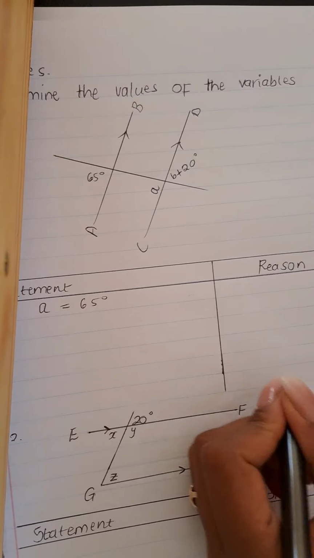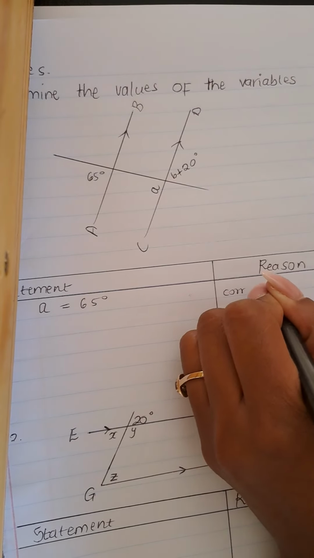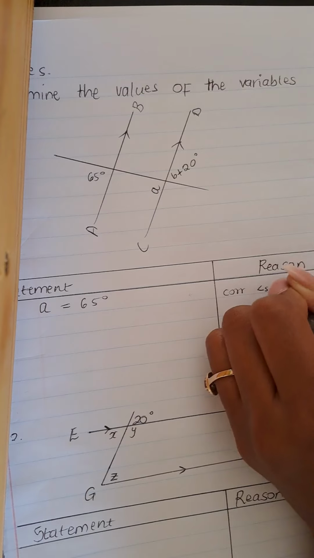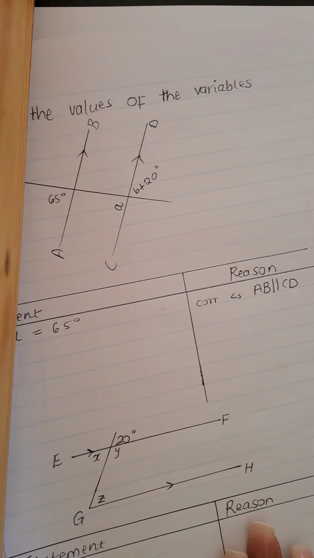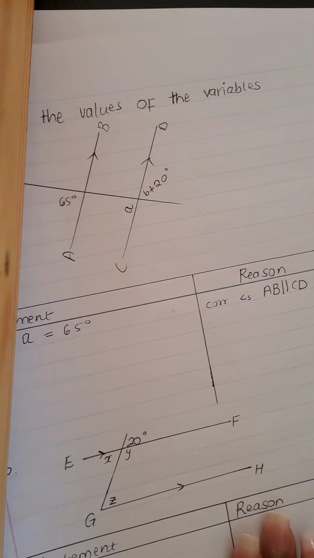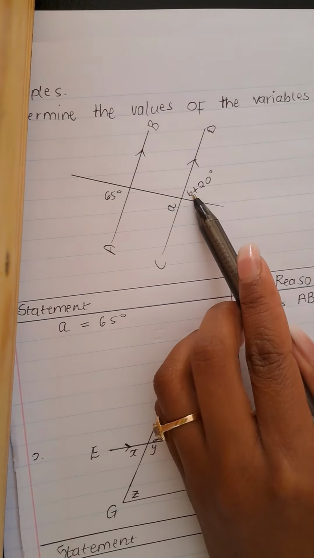Your reason will be corresponding angles, and line AB parallel to line CD. All right, so now we have the value of A. We need to calculate the value of B.